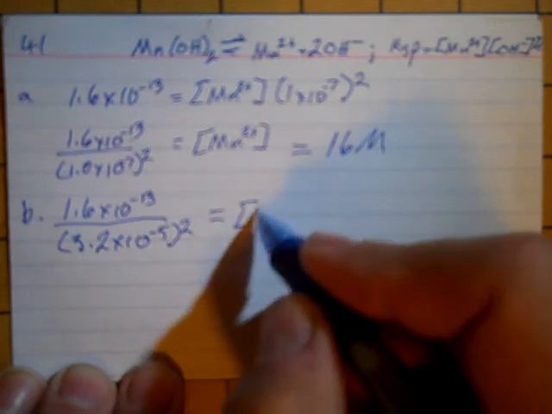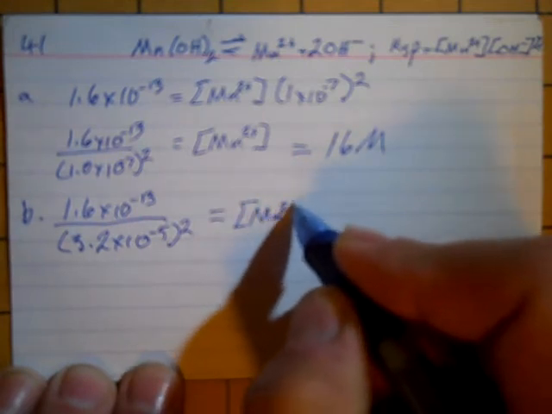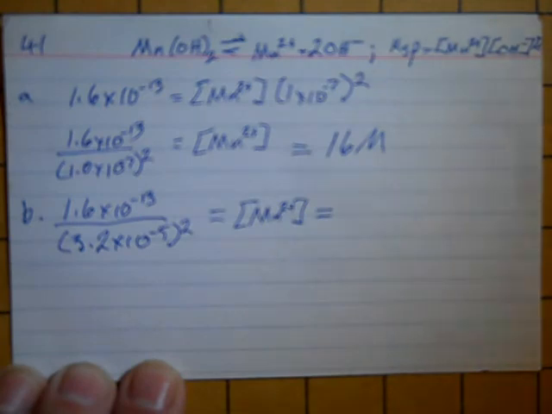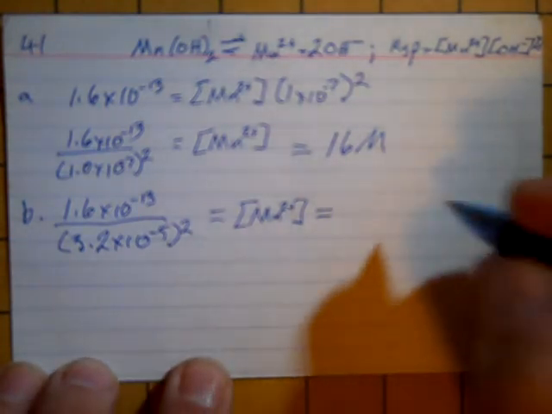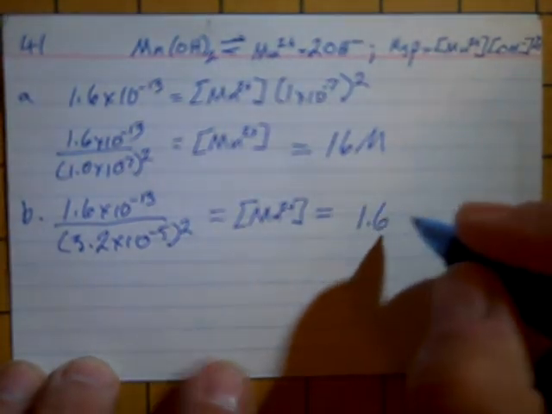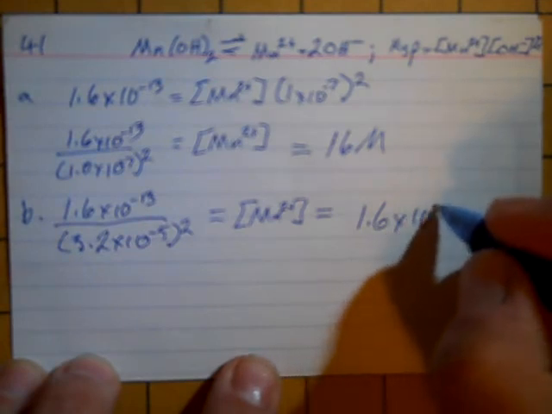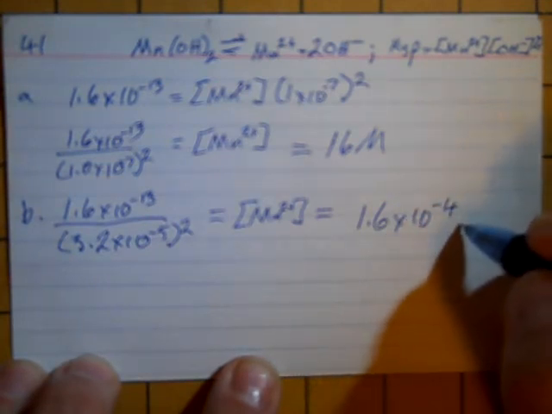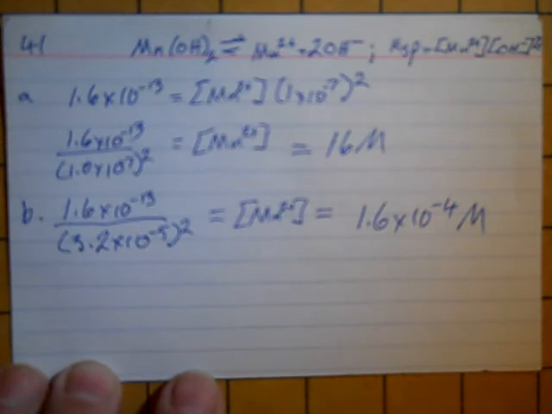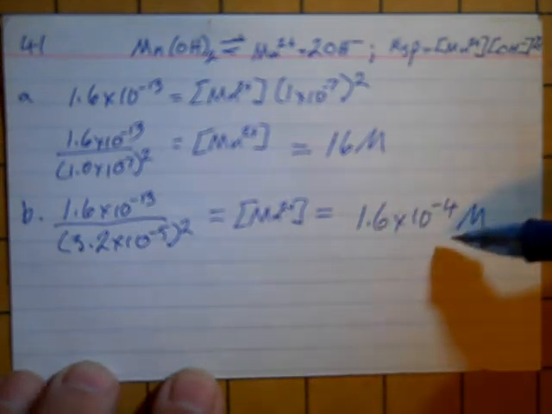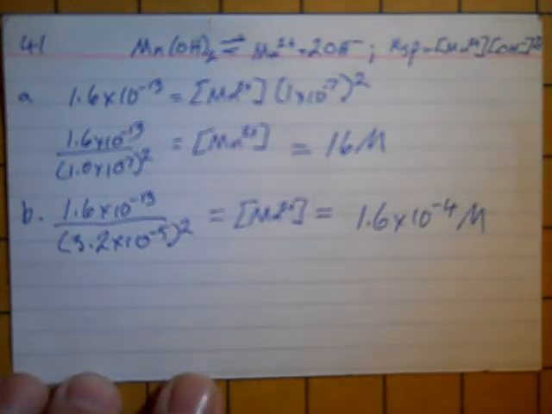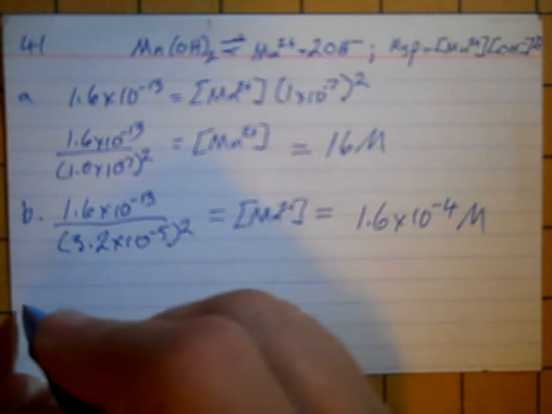That's going to equal the concentration of the manganese ion. And this time it equals 1.6 times 10 to the minus 4. As expected, it dropped. Much less soluble with more of the common ion present.